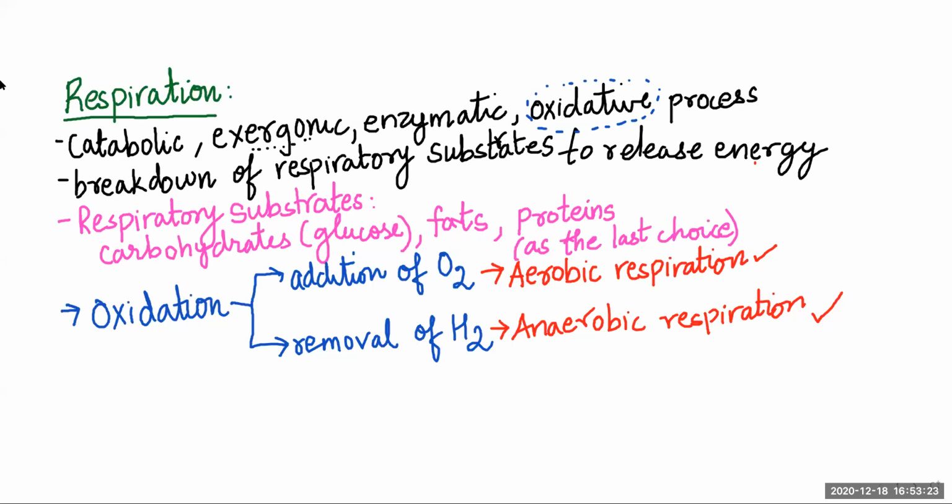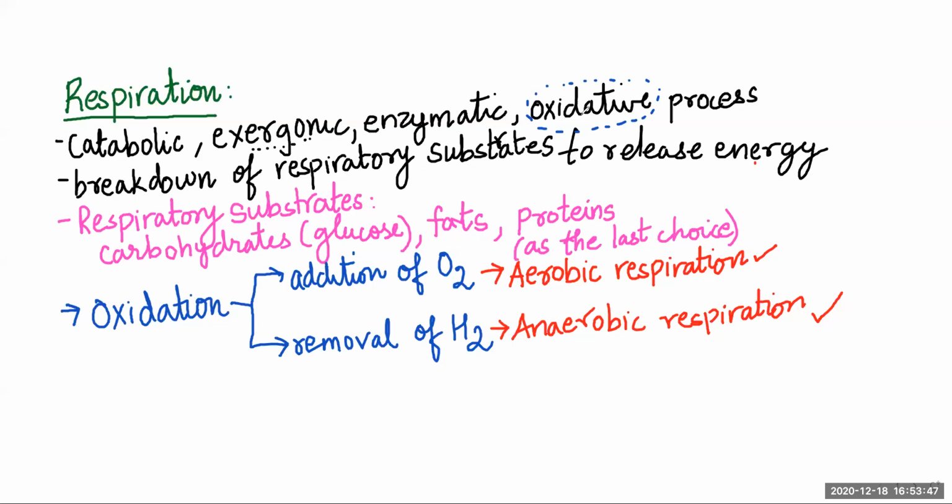Now, I'm going to ask you a series of questions. In that, you are going to tell me for aerobic respiration, you will type A, and for anaerobic respiration, you will type B. Tell me in which one mitochondria is used.